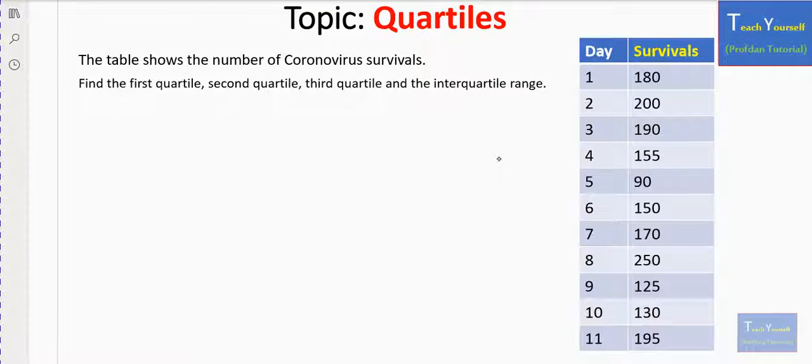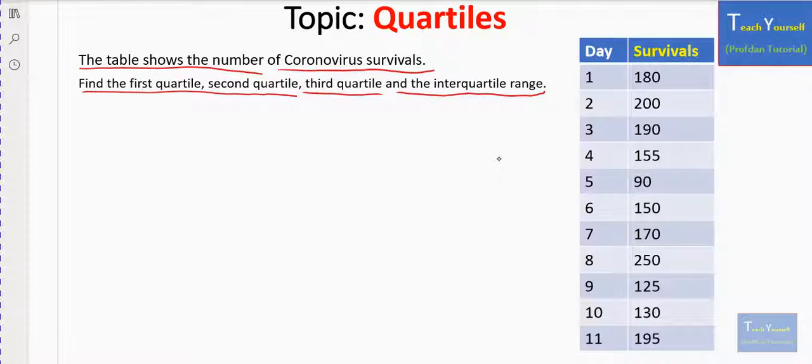So this question, the table shows the number of coronavirus survivors. Find the first quartile, the second quartile, the third quartile, and the interquartile range.